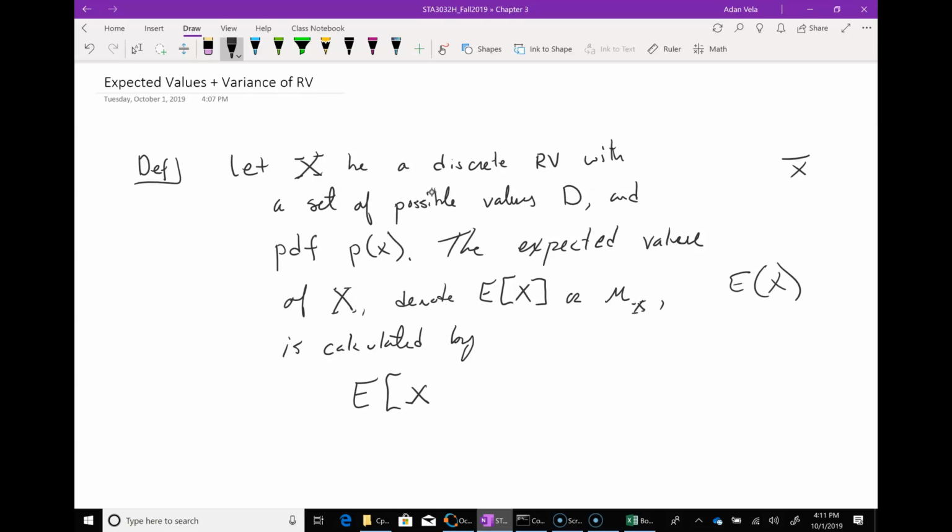So the expectation of a random variable is calculated by the weighting of x times the probability.